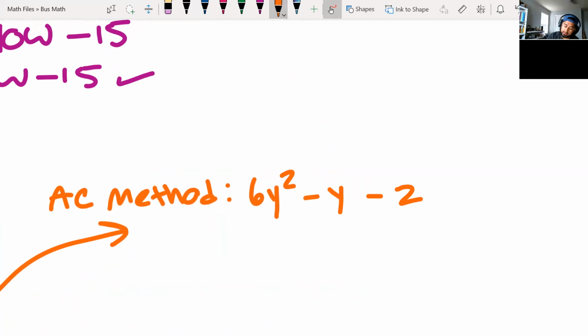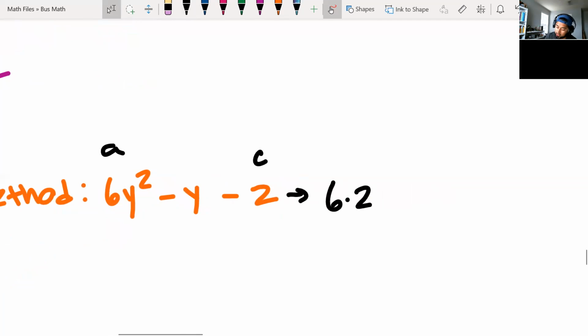Now remember, with the AC method, we take A, which is 6, and multiply it by C, which is 2. You can have the sign in there or not. I don't put the negatives in there. So for AC method, we're just going to do 6 times 2. And this will give us 12.